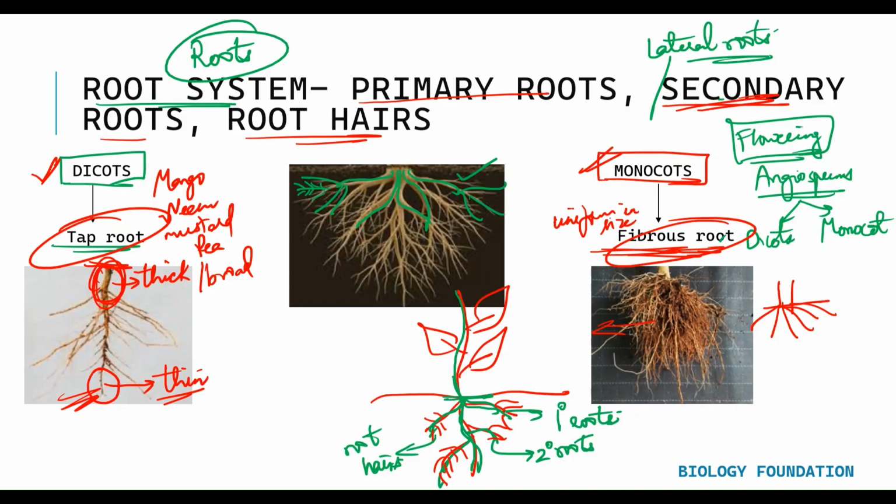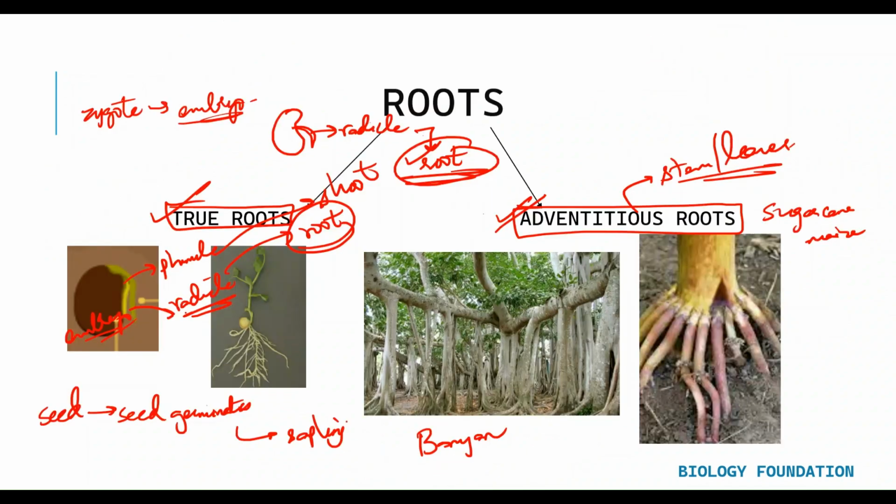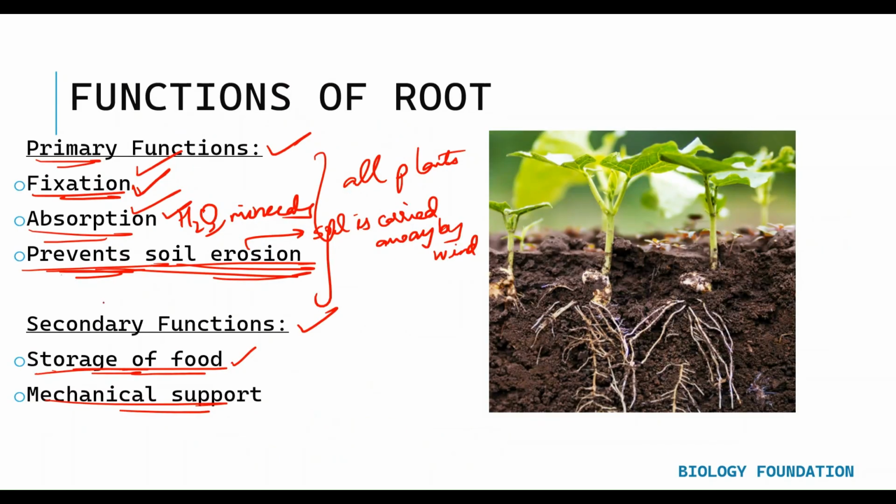Root hairs are nothing but small hair-like structures that grow at the tips of the roots. And roots are again classified as true roots and adventitious roots. True roots develop from the radicle. Adventitious roots either develop from stem or leaves. Functions of root, basic functions: any plant shows these functions, that is fixation, absorption, and preventing soil erosion.